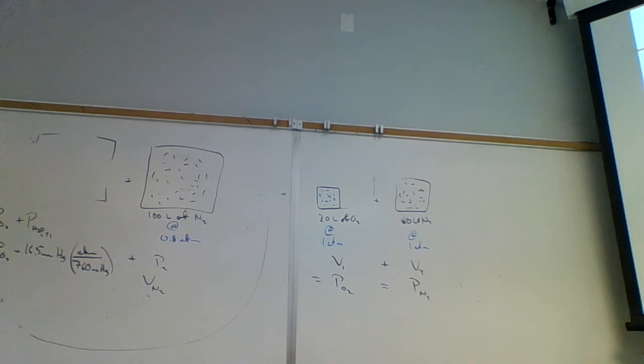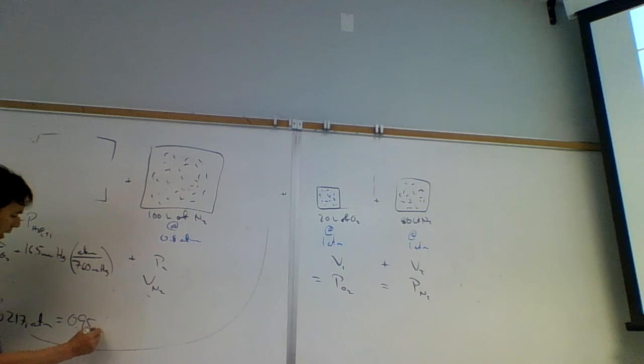16.5 divided by 760 is 0.0217. So 0.98 minus 0.02171 atmospheres comes out to 0.958 atmospheres of O2.